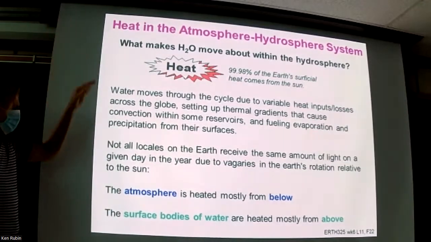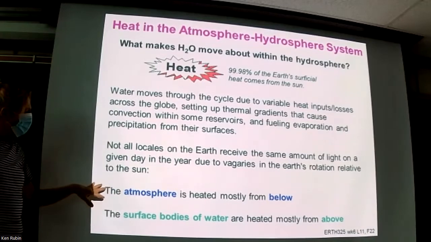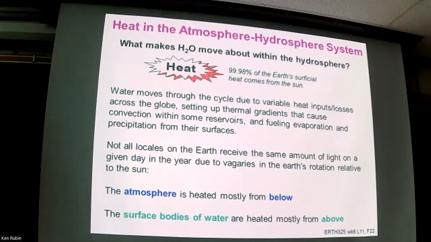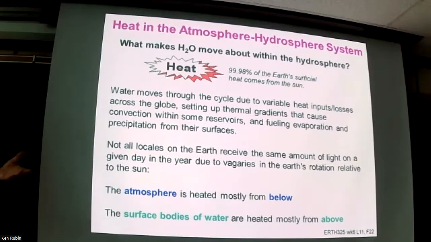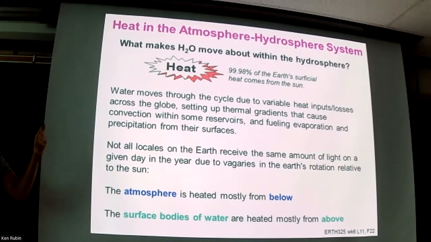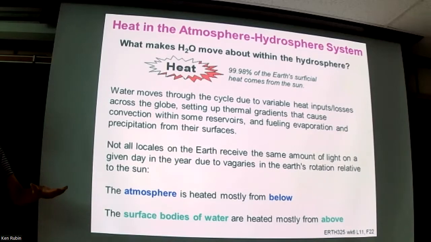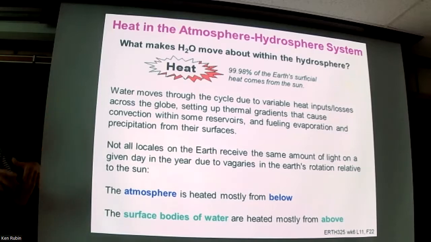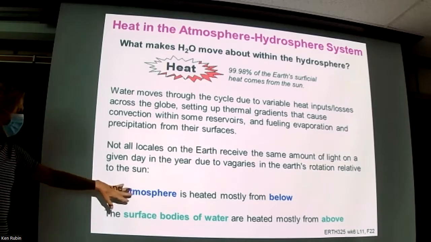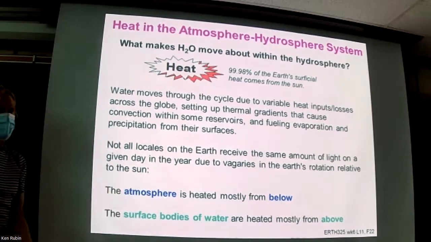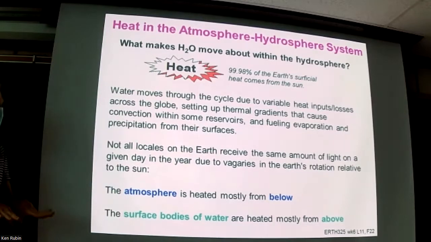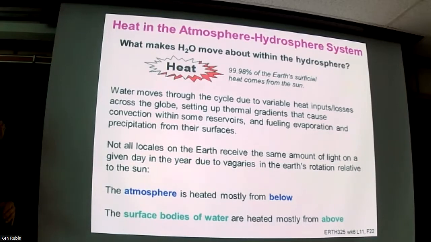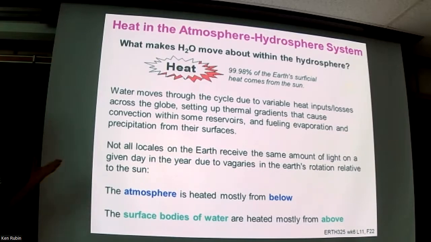Obviously, the outer atmosphere is directly heated by solar radiation, but much of the light that comes to us from the sun, the atmosphere is transparent to. It hits the surface of the earth, it reflects off the surface of the earth in a longer wavelength, and that is what's absorbed by the atmosphere. So the atmosphere is behaving kind of like a pot on your stove. It's being heated from below, from this reflection of the infrared radiation coming off the surface back up into the atmosphere. And so that sets up some thermal gradients.